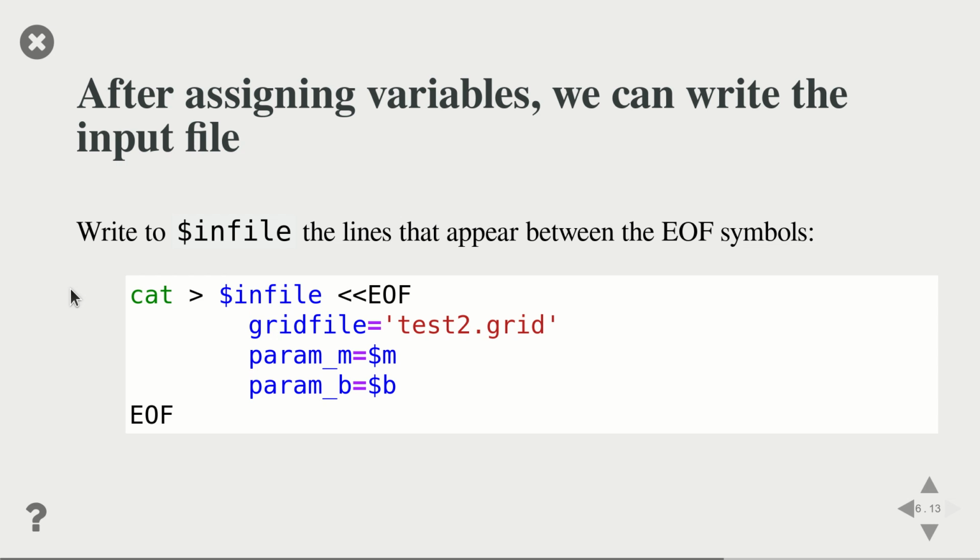In order to create these config files, I use the cat command, and the configuration file, the input file, is also defined through a variable here. And then I simply specify all the parameters that I want to have in the config file. Some of them might be hard-coded, but other ones might be taken from the command line arguments that I've just programmed.